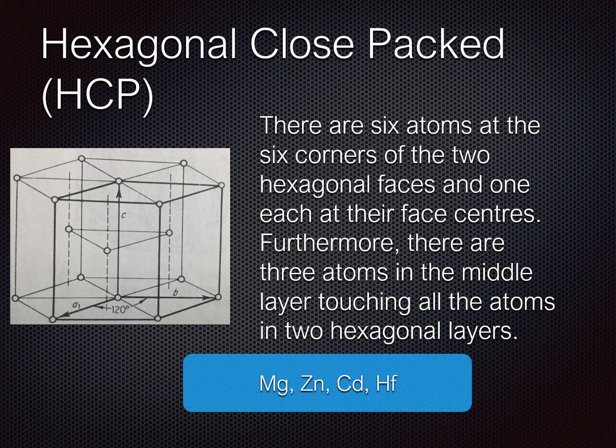Furthermore, there are 3 atoms in the middle layer touching all the atoms in 2 hexagonal layers. Examples of metals with HCP structure are magnesium, zinc, cadmium, hafnium, etc.